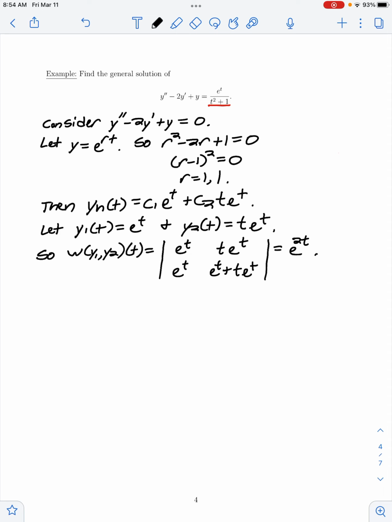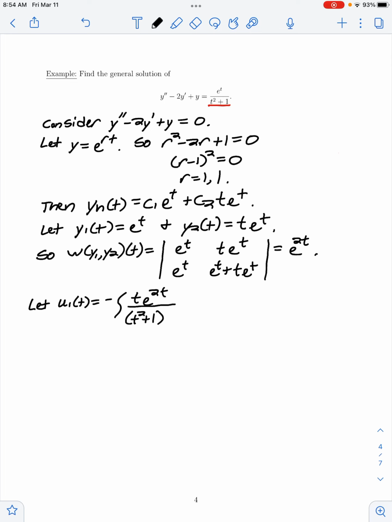So now we're ready to calculate u1 and u2. u1 was defined as the negative integral of y2 times g of t, over the Wronskian. So taking y2 times our g of t function, we have a numerator of t times e to the t squared, or e to the 2t, over t squared plus 1.